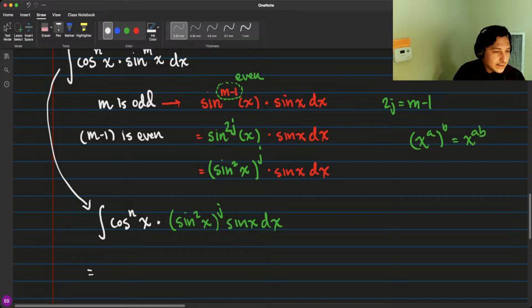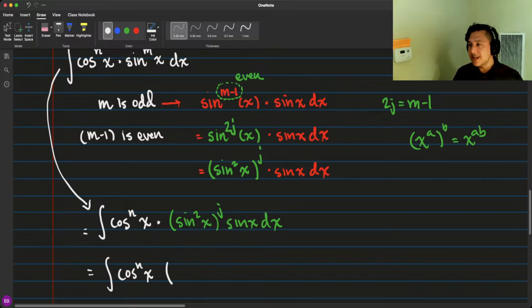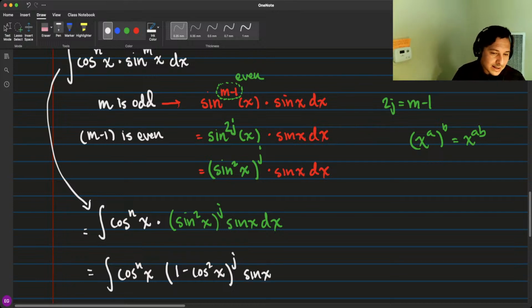And we can rewrite this as cosine to the n x times, now what can you rewrite sine squared as? 1 minus cosine squared, all to the j, sine x dx. And now you're ripe to do your u substitution.